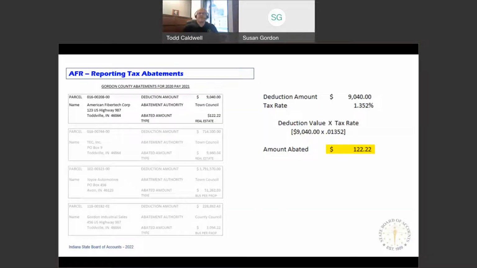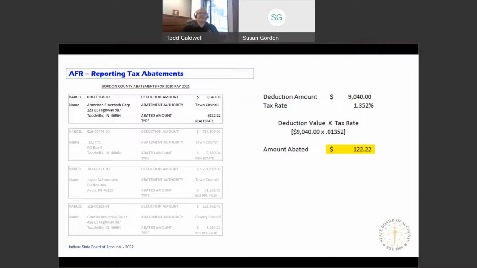For this first one, the information that the Gordon County Auditor provided is the parcel number, the name, that deduction amount, the authority that approved it, and the abated amount. Again, the abated amount is the calculation that they did for you. That calculation is that deduction times your tax rate, so your city or town tax rate.